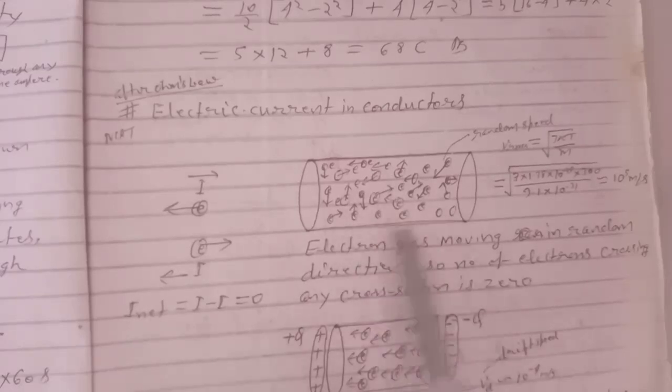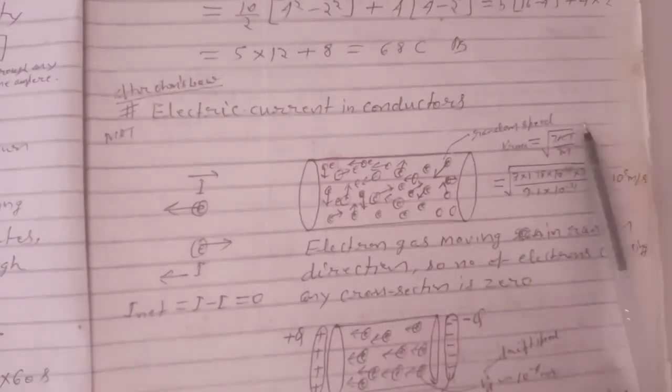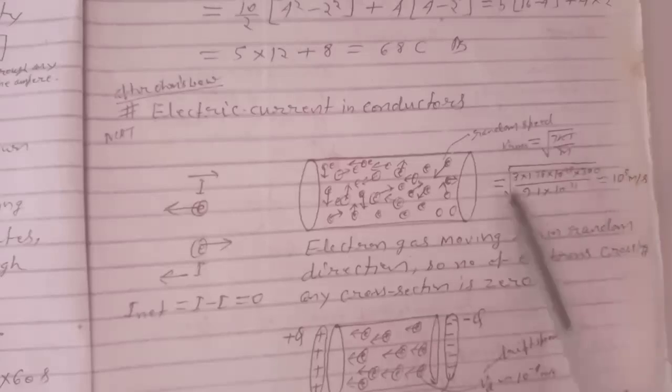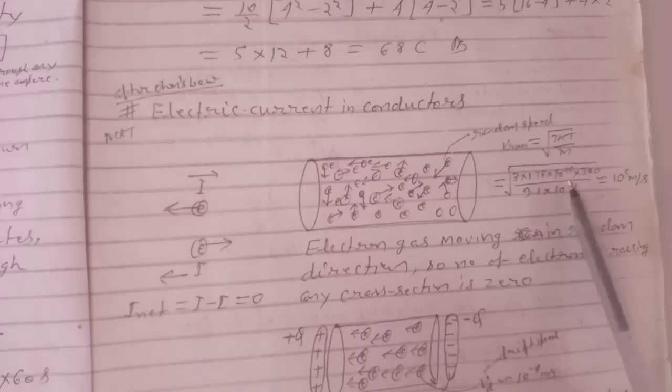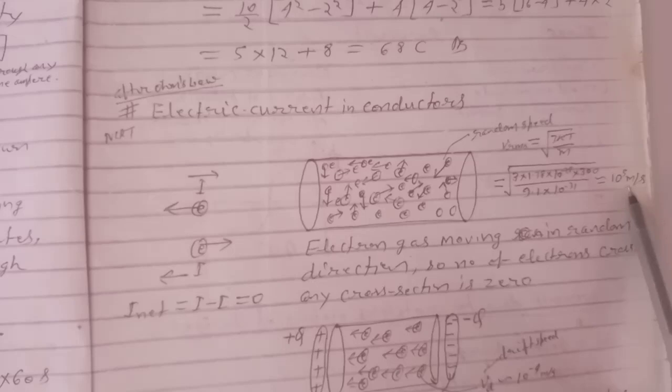The velocity with which they move randomly in the conductor is Vrms, given by root under 3kT by m. Putting the values, k is 1.38 into 10 to the power minus 23, temperature is room temperature, 300, and the mass of an electron is 9.1 into 10 to the power minus 31, we get about 10 to the power 5 meter per second.